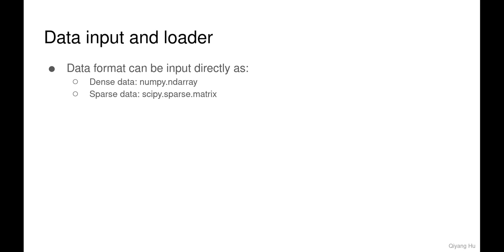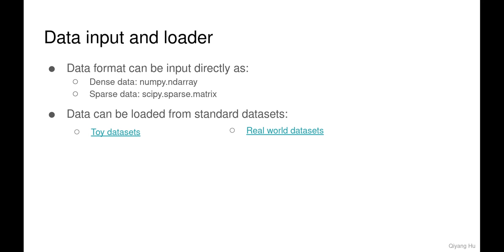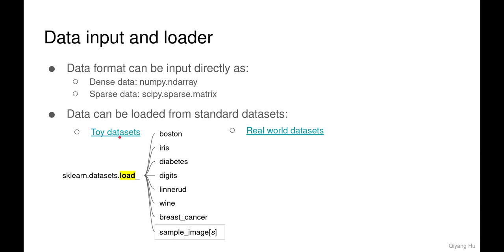At the same time, Scikit-Learn comes with a lot of standard datasets for users to learn and to test their models. Some datasets are pretty small, which I call toy datasets here. Those datasets are so small that they come within the Scikit-Learn package. One good example here is the Iris dataset.